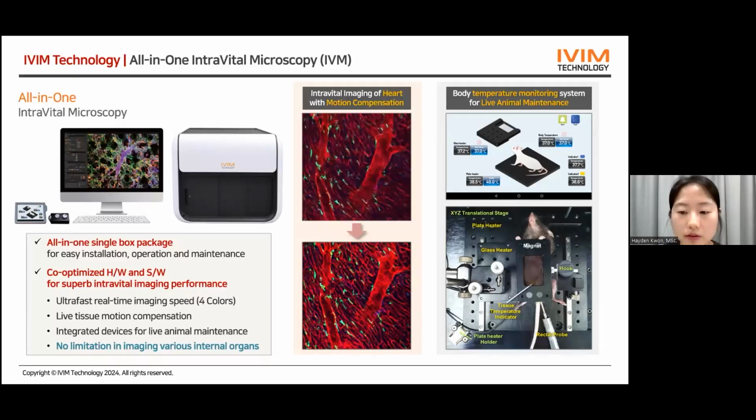Together with automatic hassle-free motion compensation functions and various accessories such as a live animal maintenance system and various imaging window systems for wide range intravital applications, users can easily get high quality in vivo data without any limitation in imaging various live organs.